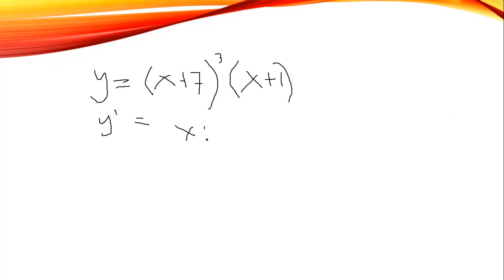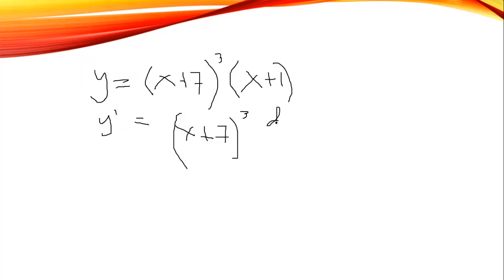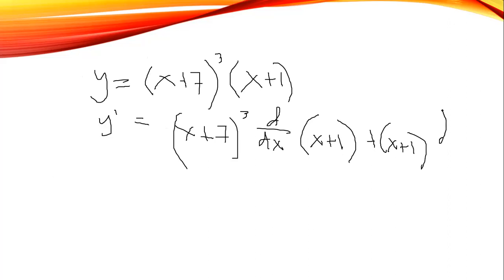So we have x plus 7 cube, and then solve for the derivative of x plus 1, so d over dx of x plus 1, plus, copy the second, we have x plus 1 multiplied by the derivative of x plus 7 cube.